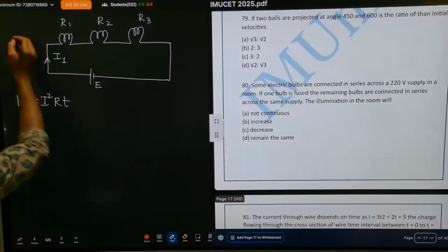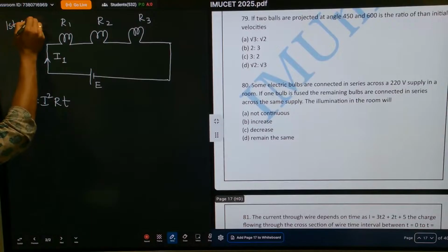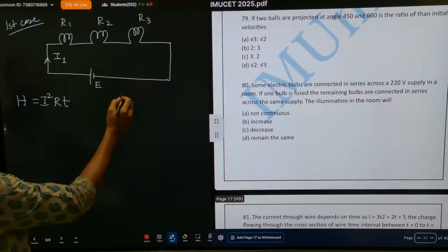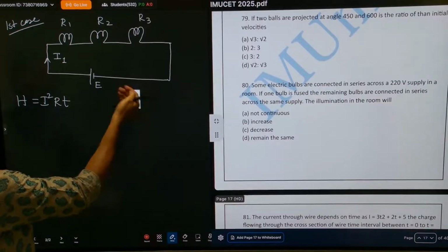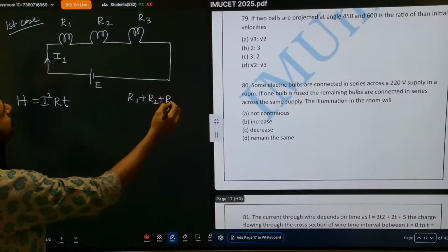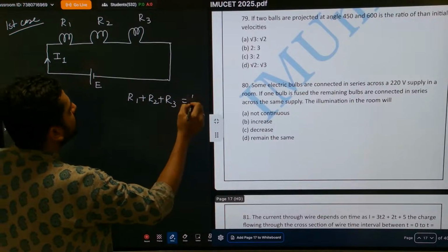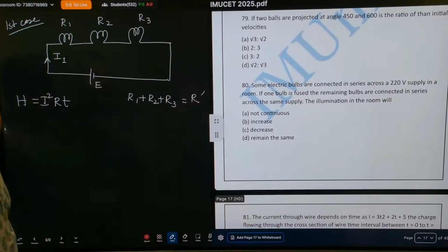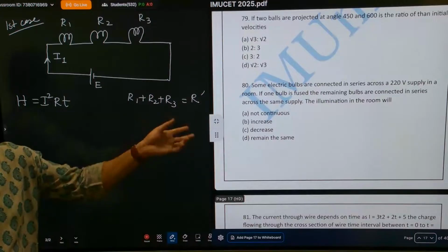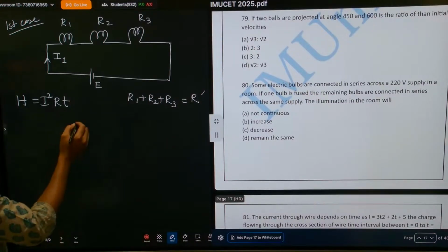Now, we are doing the first case. We are doing it quite slowly and comfortably. So let's say the equivalent resistance, what will it be? What will be the resistance? R1 plus R2 plus R3. Let's say this is R prime. The total resistance be R prime. Just add those three, R prime. So what will be the formula?